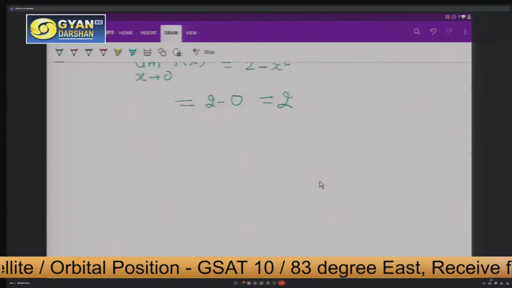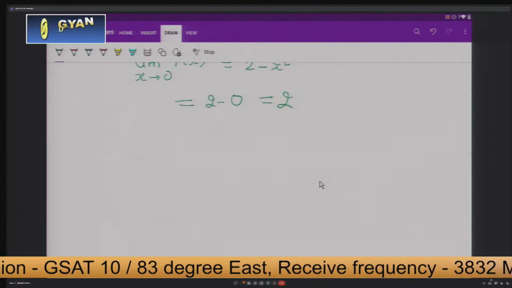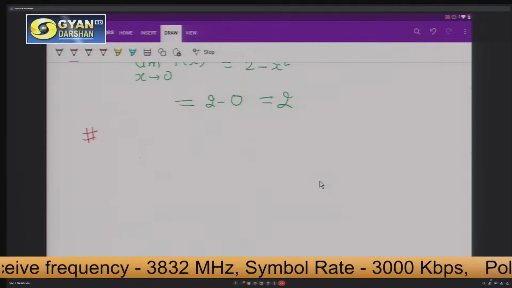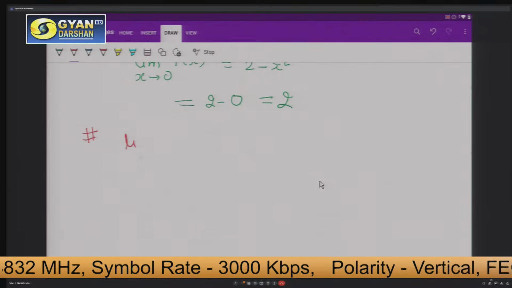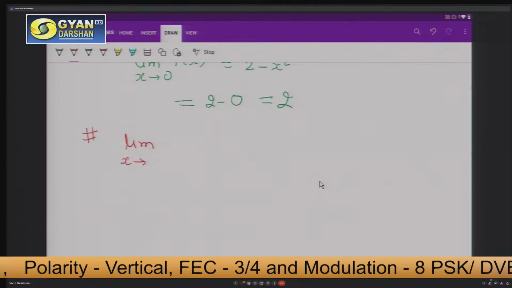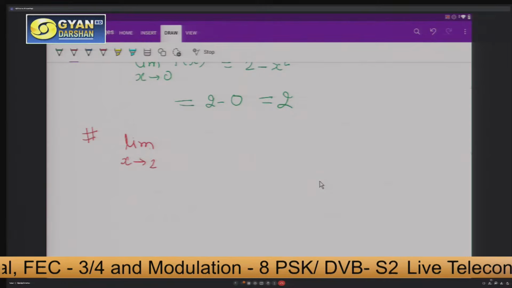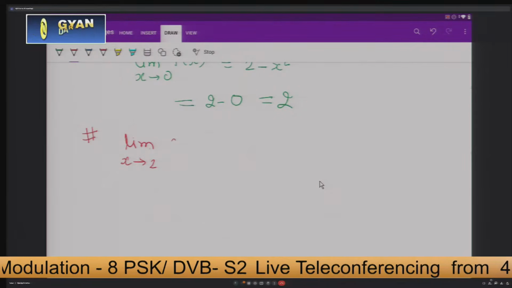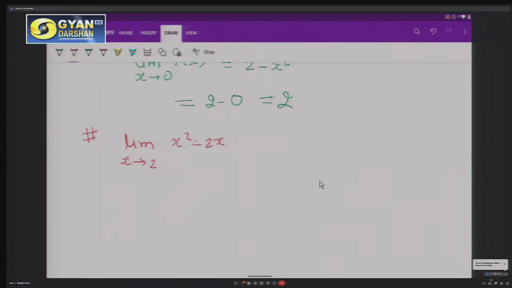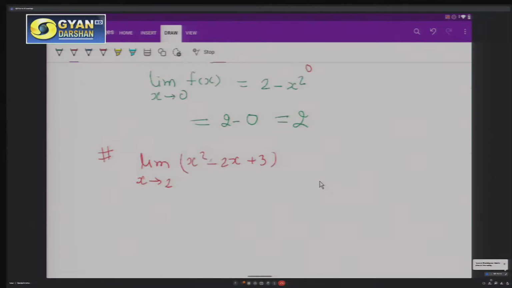Now let us take a few more examples quickly. Limit x tends to 2, (x square minus 2x plus 3) to the power (x square plus 1).